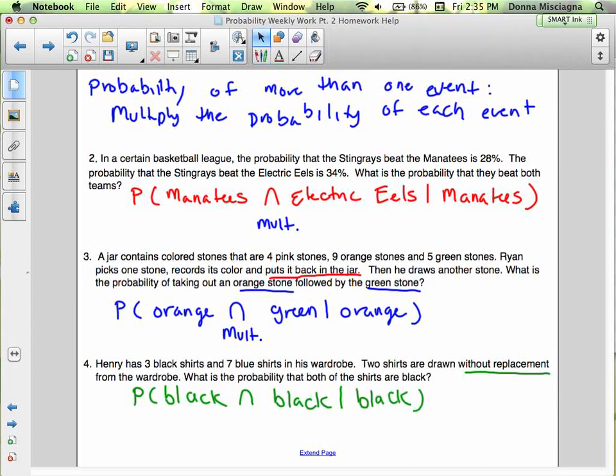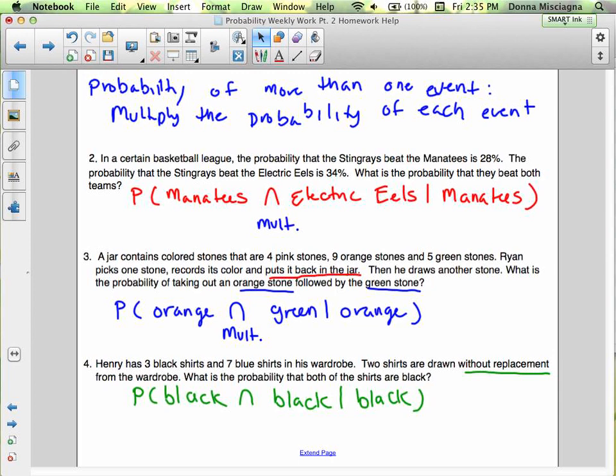All right, so if they are independent events, but hint, it was without replacement, then it would just be the probability of black times probability of black. But if they are dependent events, when you calculate the second probability, you have to calculate it given that he's already picked a black shirt.